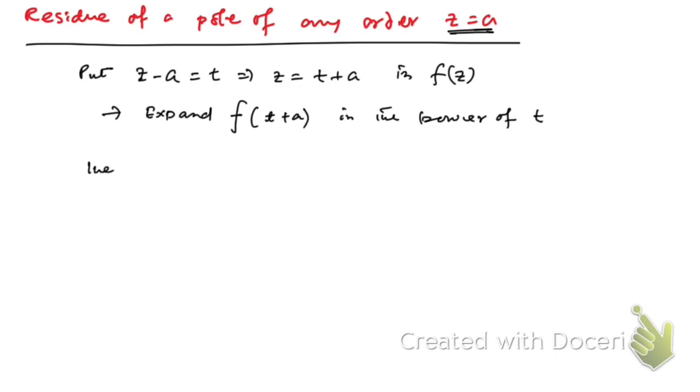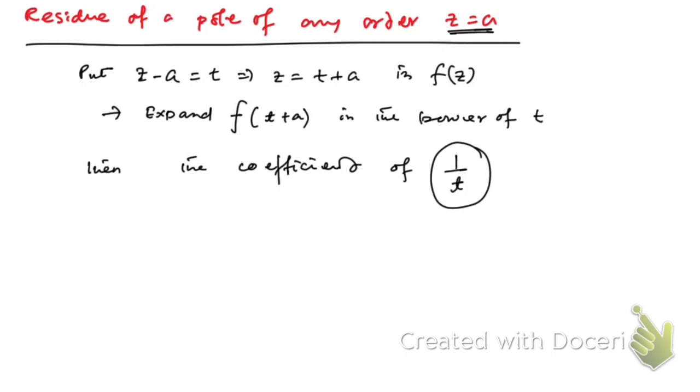Then the coefficient of 1 by t, the term containing 1 by t, what will be the coefficient of this? That's going to be the residue at z is equal to a, right?